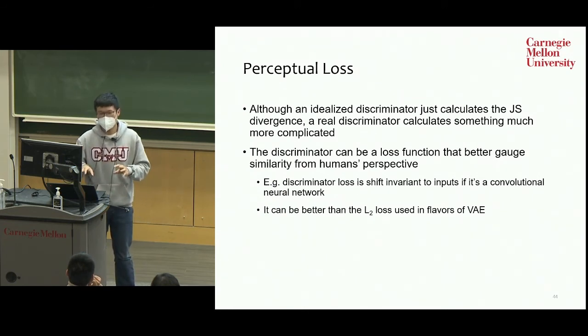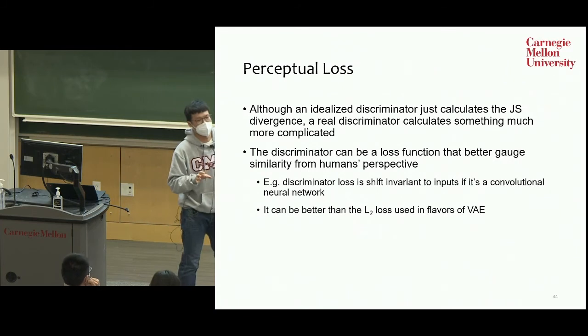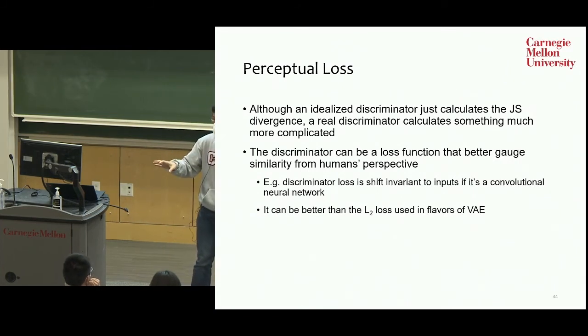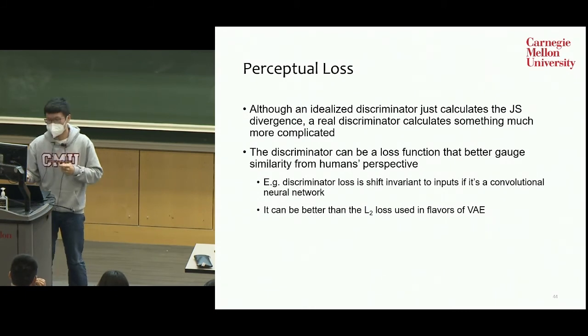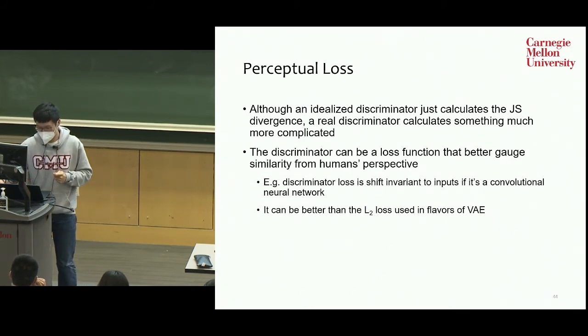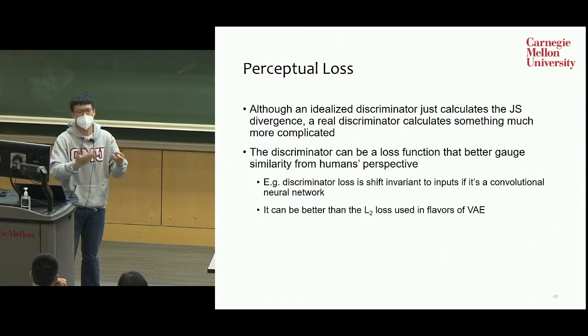I think we're just saying that the discriminator loss is something that's more complex than just an L2 loss. My understanding of perceptual is that it's approximating how humans think about whether something is good or bad.